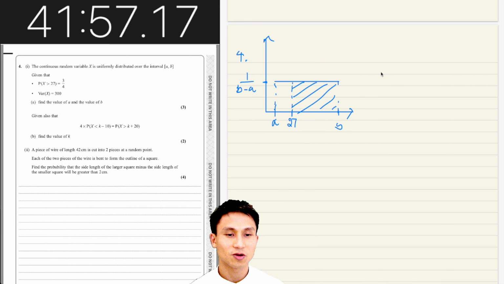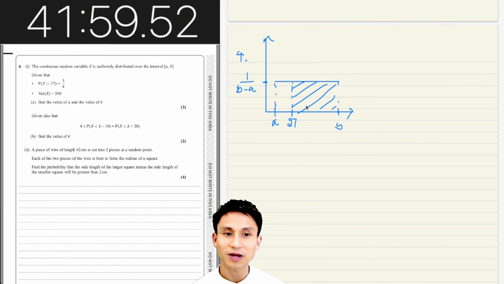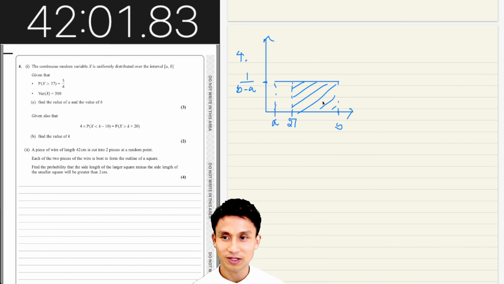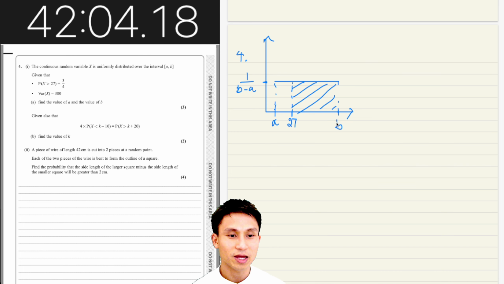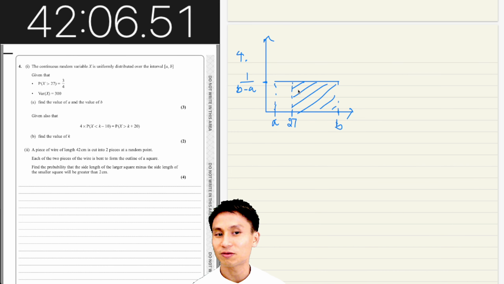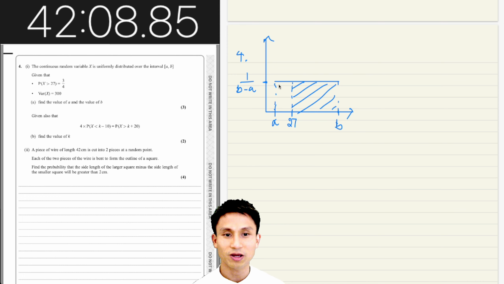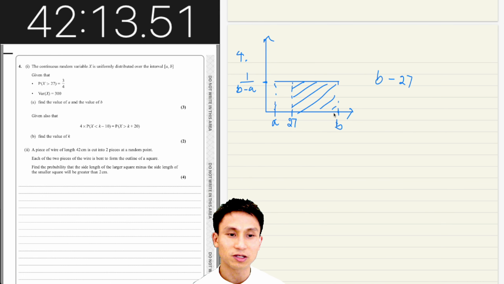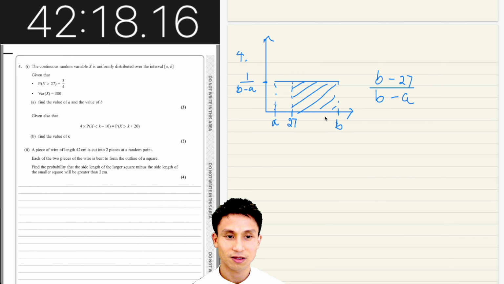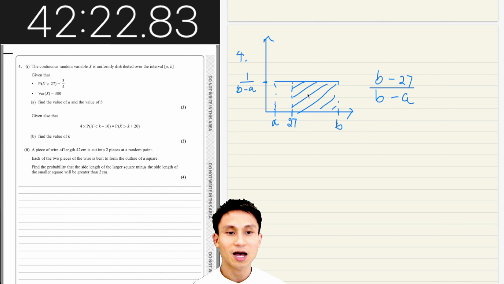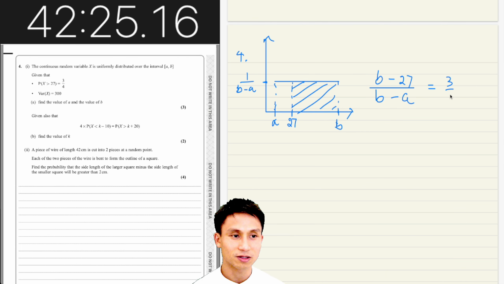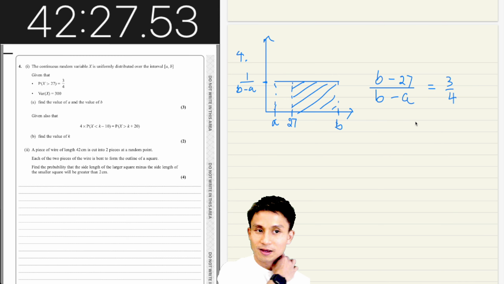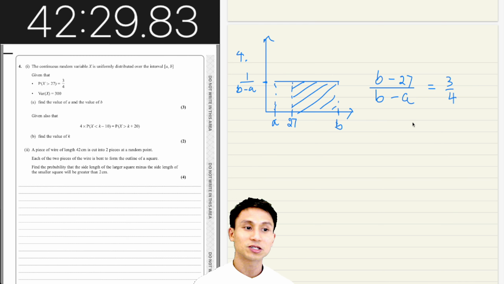Okay. So we can just find the area proportion of this and equate it to 3 over 4. So it's basically like finding the fraction of the area compared to the entire box here, if you like. So that's going to be b minus 27, it's just this width here, divided by b minus a. Yeah, just the proportion of the length over the entire length, right? And that's going to be equal to 3 over 4. So we are getting an equation of b in terms of a, maybe.